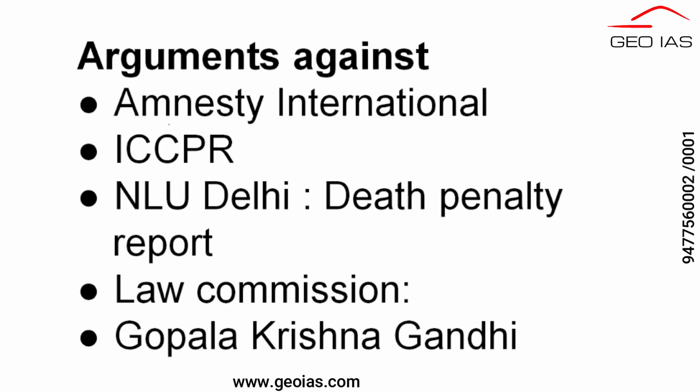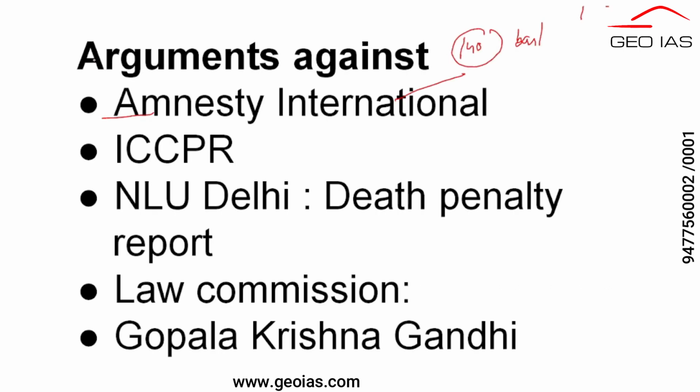After understanding the arguments favoring capital punishment, let us see the arguments against capital punishment. Here I would like to say two important elements. Number one, according to Amnesty International, a famous NGO fighting against capital punishment, almost 140 countries have abolished capital punishment.